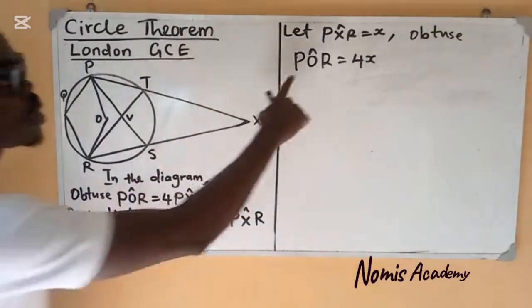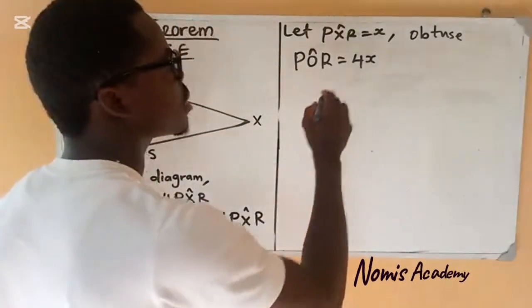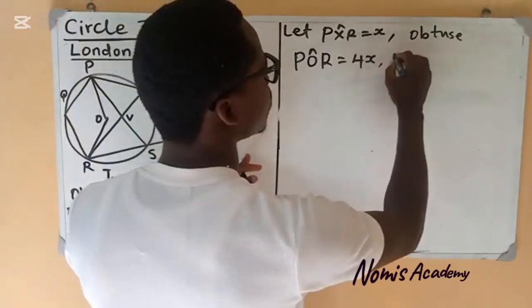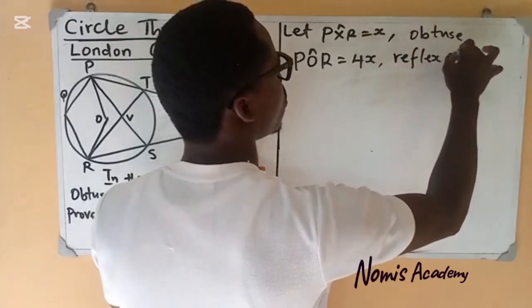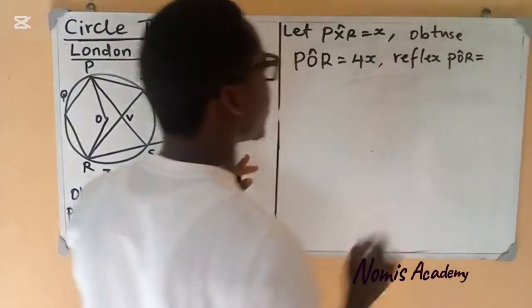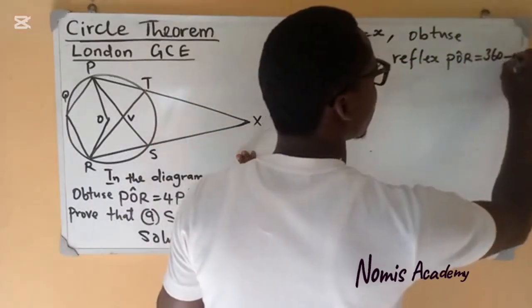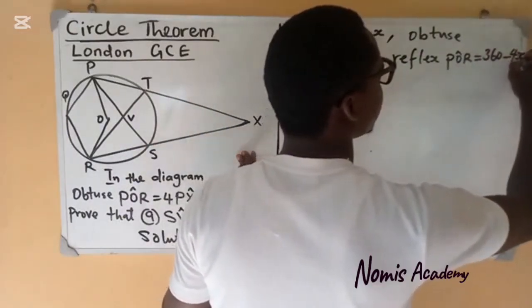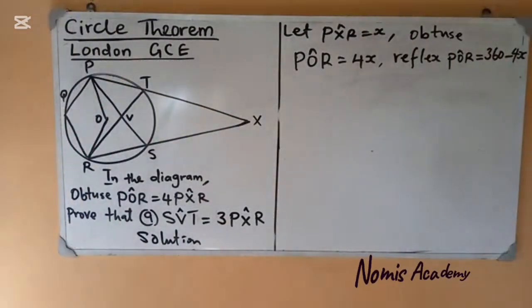And then the reflex POR will then be 360 minus 4x. So let's now proceed.